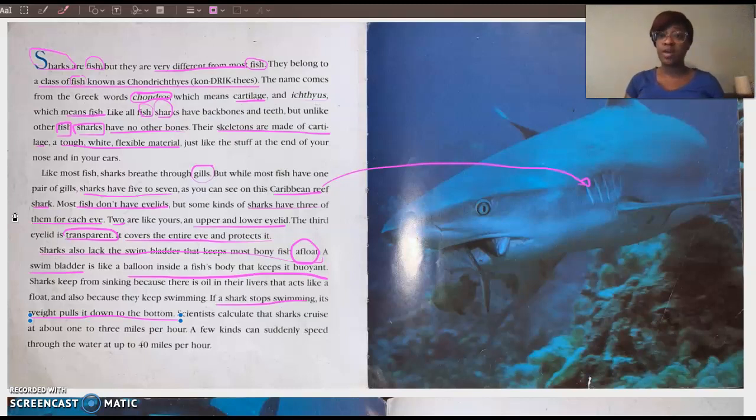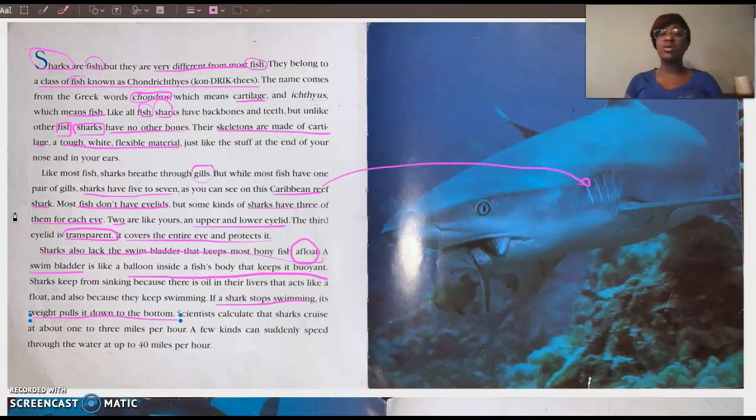Other fish have a swim bladder that keeps them afloat, but sharks don't, right? Sharks keep from sinking because of the oil in their livers that acts like a float, and because they keep swimming. But if they stop swimming, it pulls them down to the bottom of the ocean.